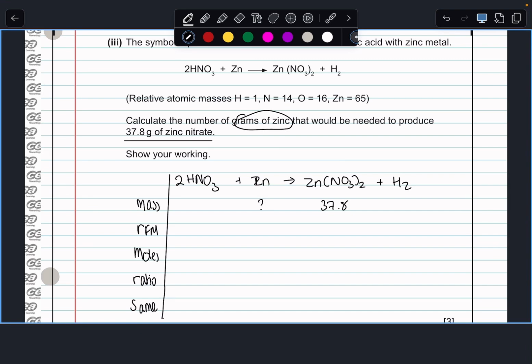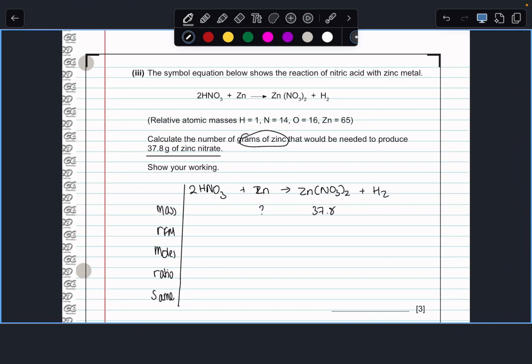Then you calculate your RFM, so Zn is 65, as it tells us there at the top. We've got 2 nitrate and 6 oxygens in total. So we're going to work this out to calculate the relative formula mass. So you would do 65 plus 2 times 14 plus 16 times 6, which gives me 189.